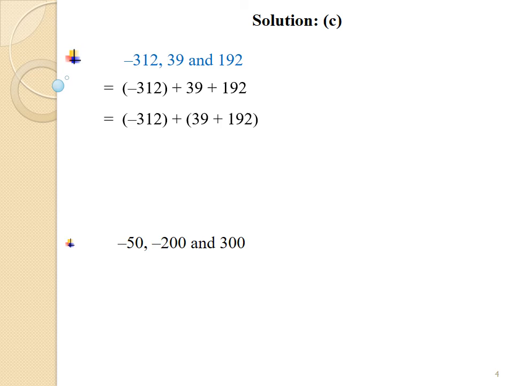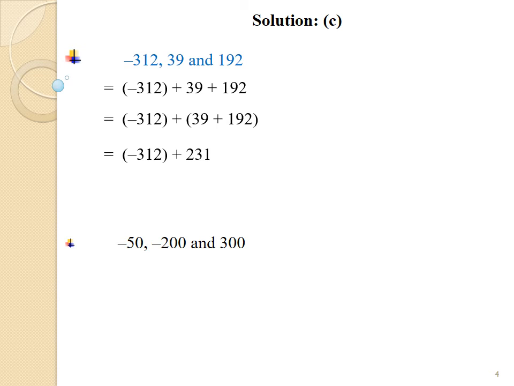Now, keeping minus 312 as it is and adding 39 and 192, we get minus 312 plus 231.